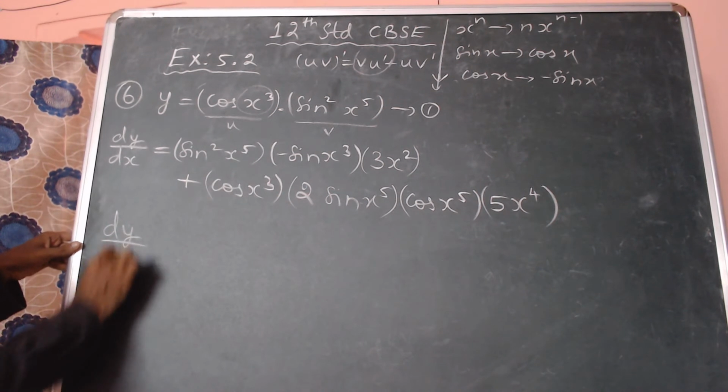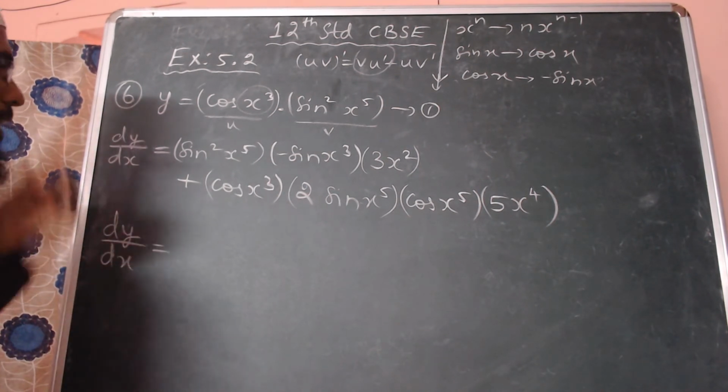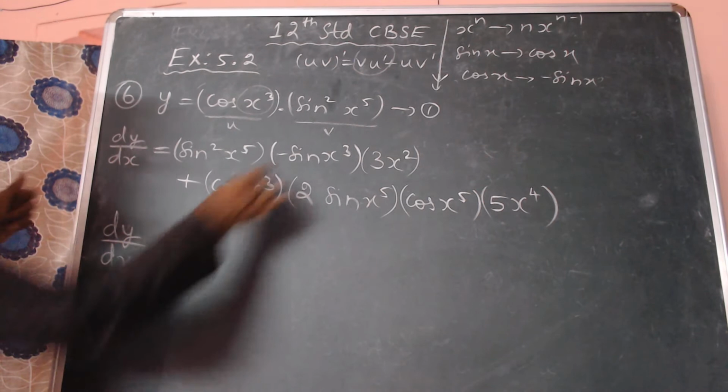Now what I can do? dy by dx equal to, here I have minus, so I can write it in the front.